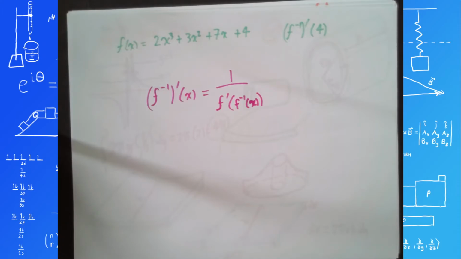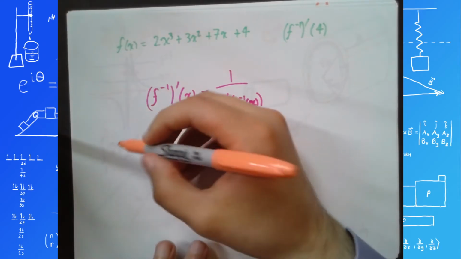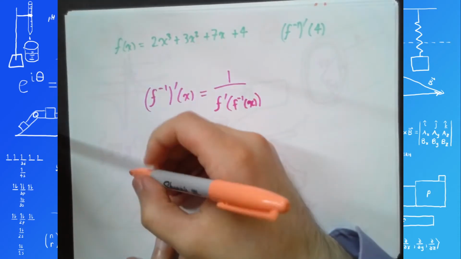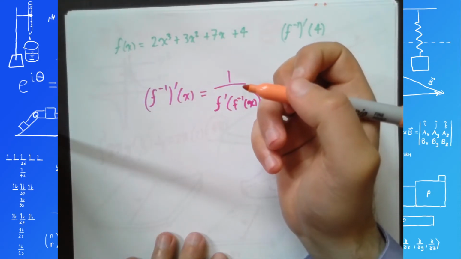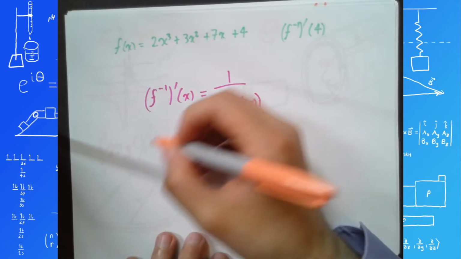Remember this formula, and if you don't remember it, there's a very easy way to derive it. It's really easy to derive if you know your chain rule and you know the properties of inverse functions.